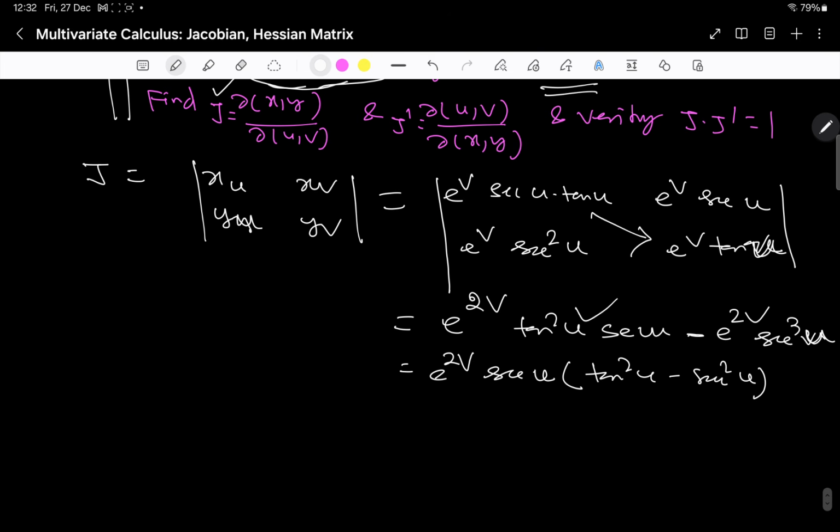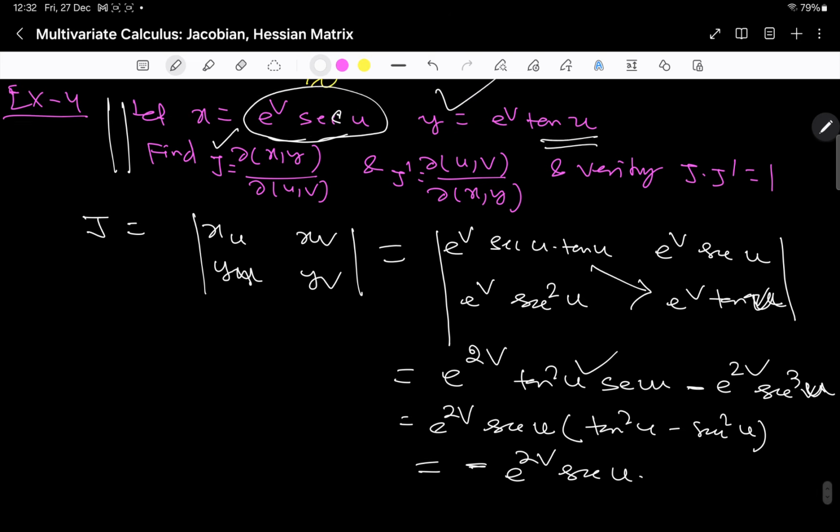Since sec square u minus tan square u is 1, this is -1. So minus e to the power 2v sec u is your J here.